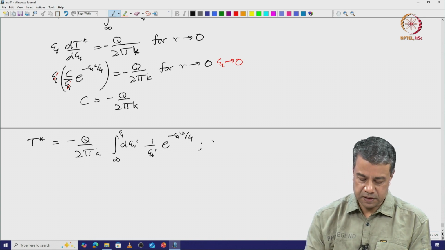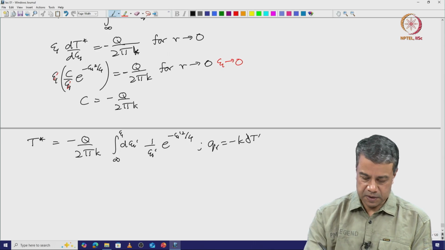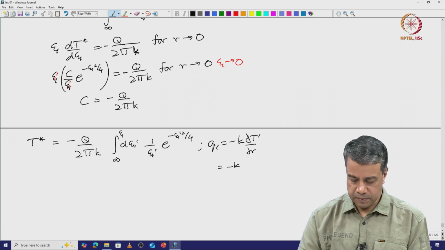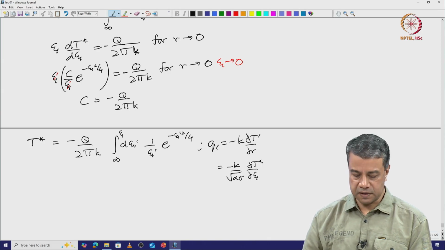And the flux q r is equal to minus k partial T by partial r. It's equal to minus k by root alpha t, partial T star by partial psi. Note that T star is just T minus T infinity, and T infinity is a constant.